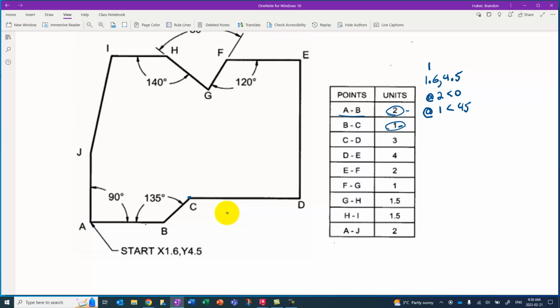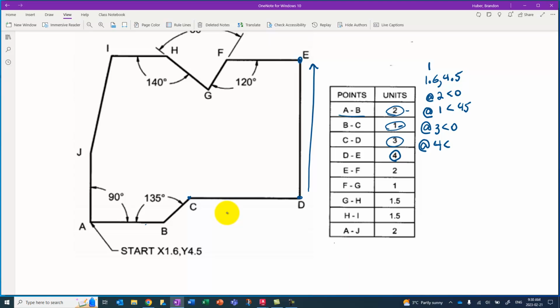Let's move from point C to D. The distance here is 3. So we're going to say at 3. And hopefully you remembered that the angle to the right is 0. Next, moving from D up to E here, we can write at a distance of 4.